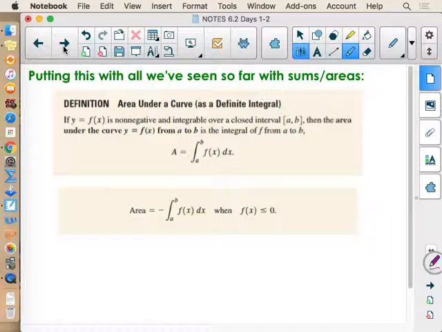So putting this together with everything we've seen so far, so that we put the notation together with the areas and things that we've been doing, the definition for area under a curve is actually talking about whether or not the area is considered positive or if it counts in the sum as negative. So this first part said, if our function f of x is non-negative, that means it stays at or above the x-axis for an entire interval.